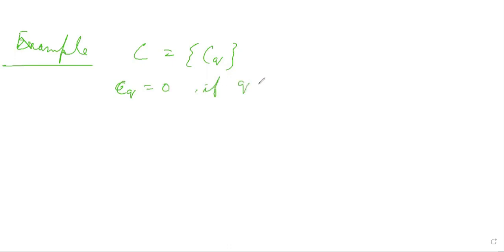So let us see an example. Consider a chain complex C, where C_q equals 0 if q is not equal to 0, 1, 2.